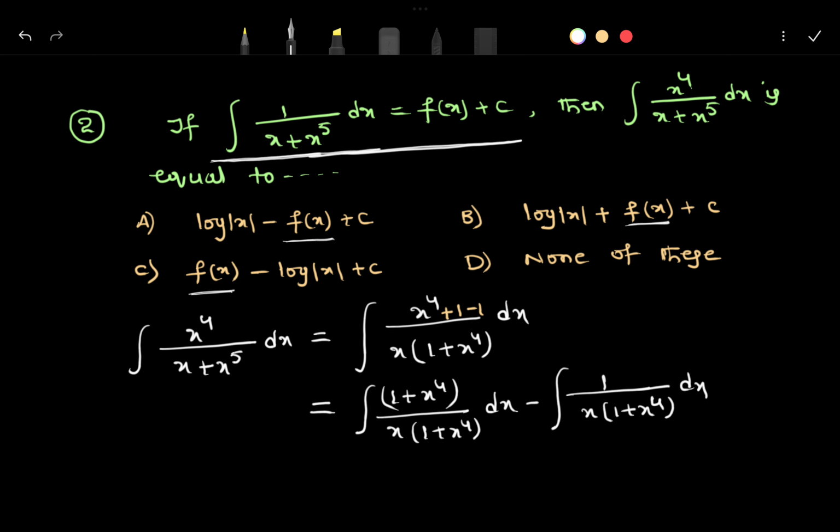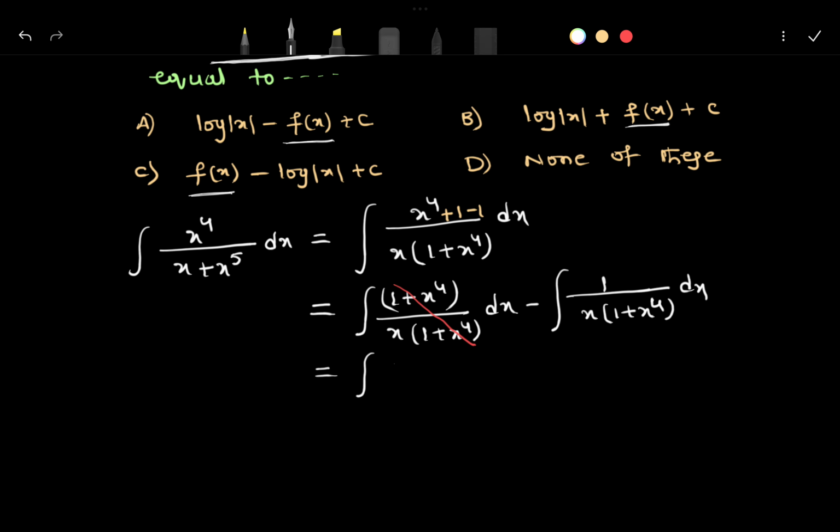Now in the first one, 1 plus x to the power of 4 will be cancelled. And the next one you simplify: integration of 1 by x into dx minus integration of 1 by x plus x to the power of 5 into dx.